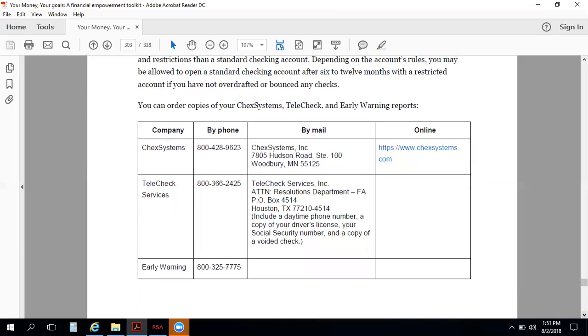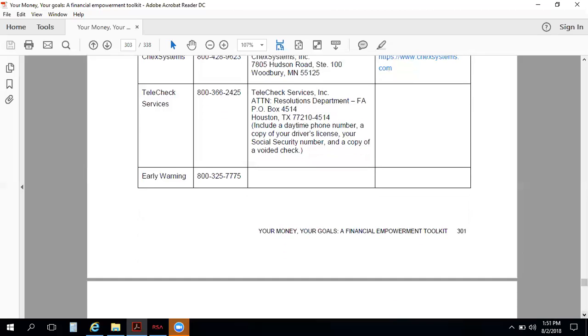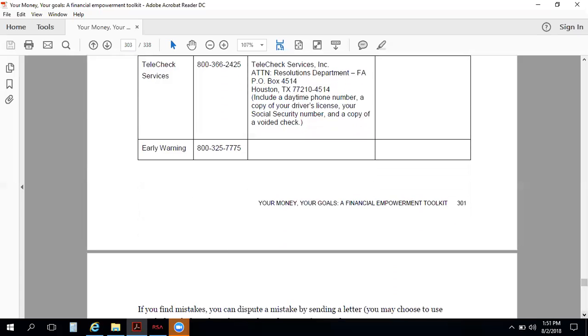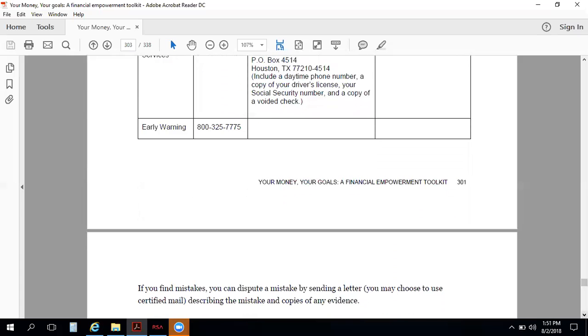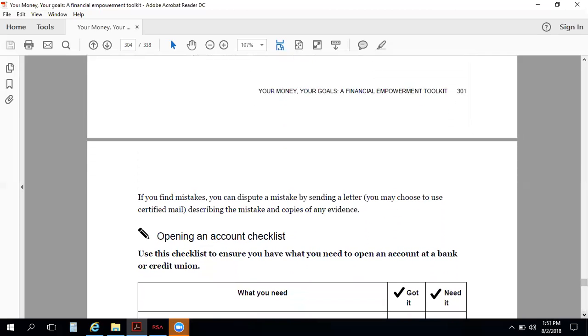just to make sure that there's nothing negative on there that could potentially hinder their ability to get a new account. And if there are any inaccuracies on there, they can dispute them with the company.